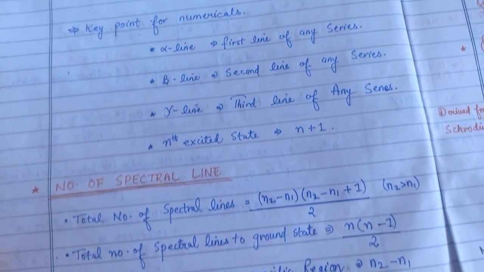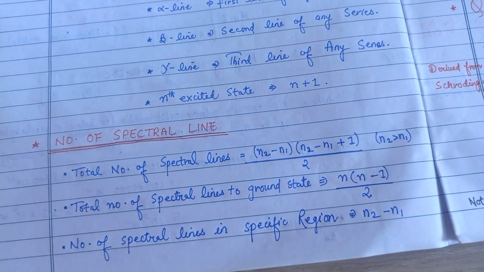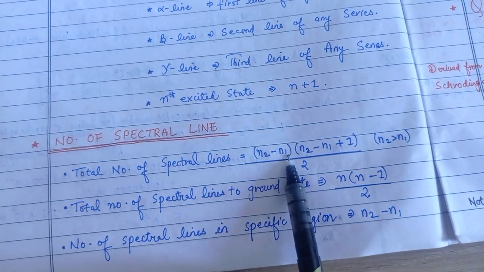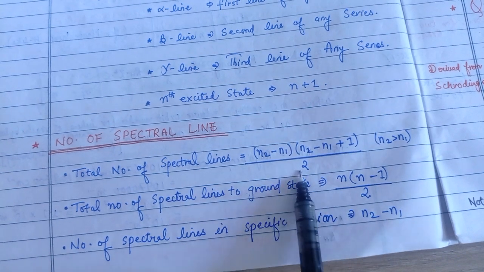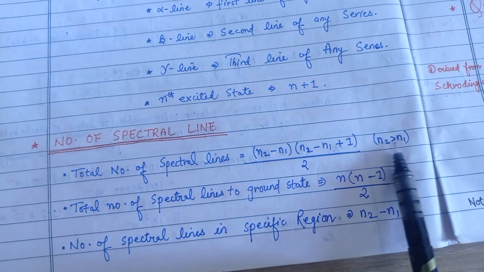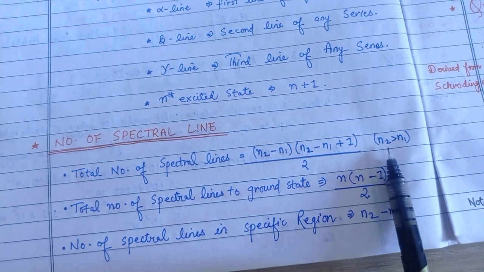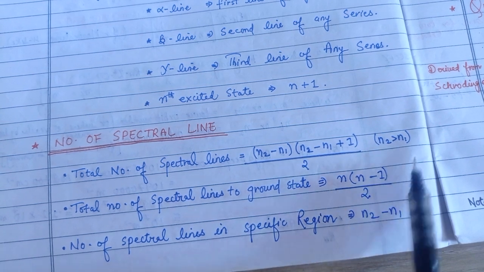In order to calculate the number of spectral lines, we have to use these formulas. The total number of spectral lines is given by (n2 minus n1)(n2 minus n1 plus 1) upon 2, where n2 is always greater than n1. n2 is the initial state from where the electron is coming, and n1 is the final state.